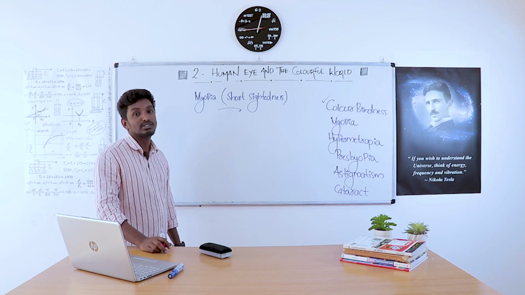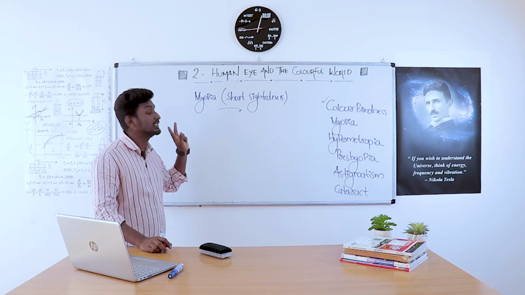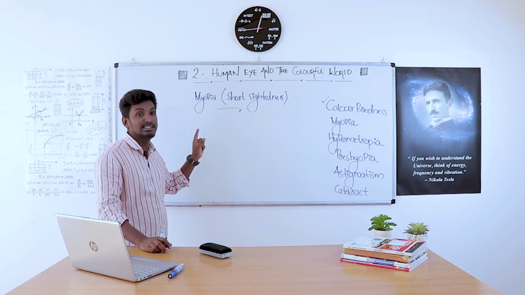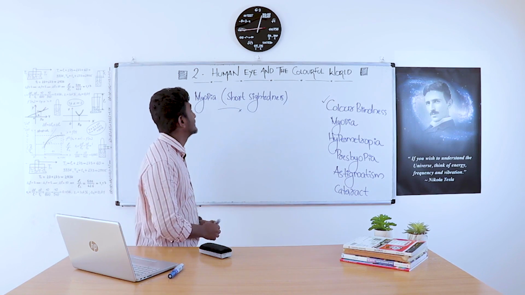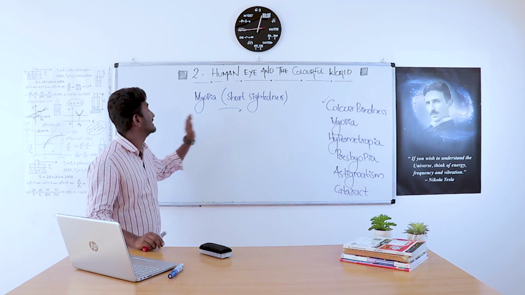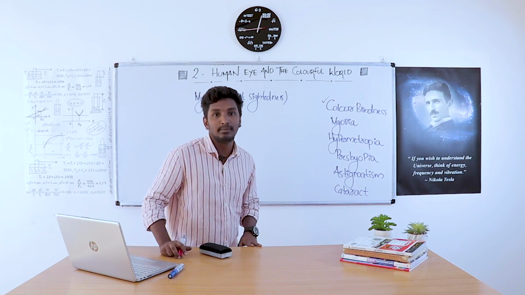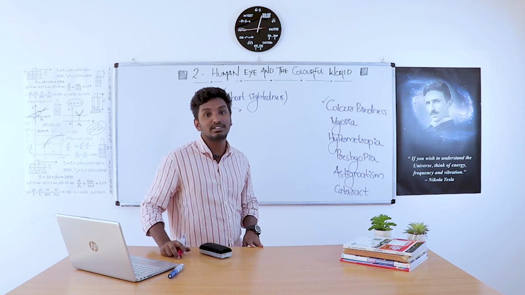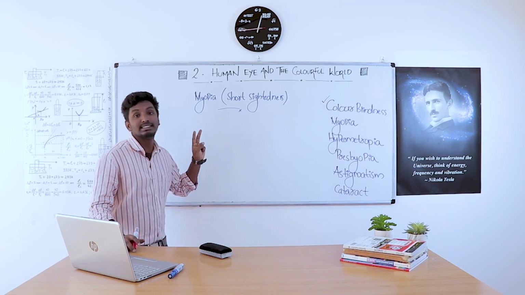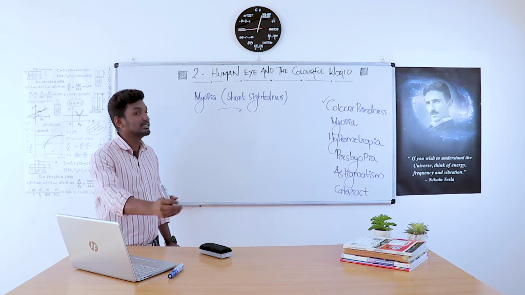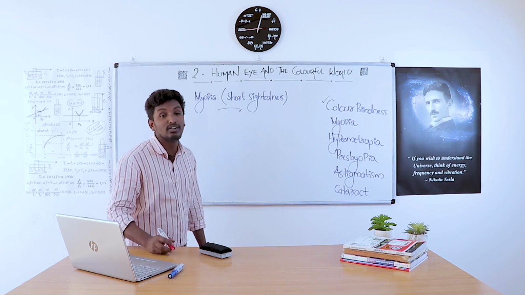There are two reasons for myopia. First is excessive curvature of the cornea. Second reason is elongation of the eyeball.